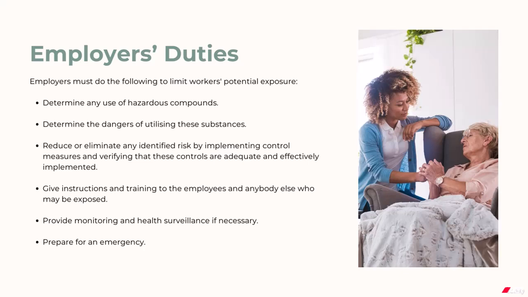Reduce or eliminate any identified risk by implementing control measures and verifying that these controls are adequate and effectively implemented. Give instructions and training to the employees and anybody else who may be exposed. Provide monitoring and health surveillance if necessary. Prepare for an emergency.